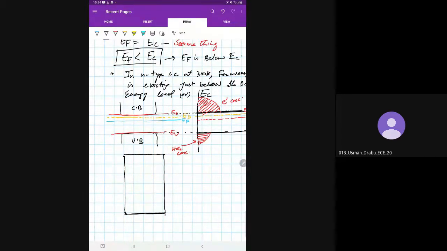So say for example this is the valence band and this is the conduction band. Okay, then this is how we will draw it.